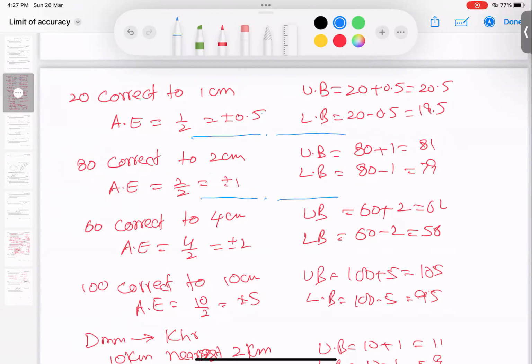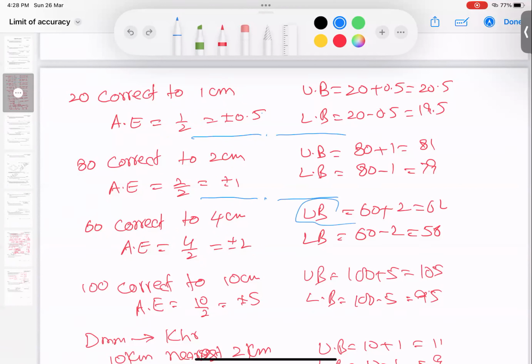Let's talk about the third example. He says 60 is the value, and we have to correct it to 4 centimeters. Then what we do, we divide this 4 by 2. First we divided 1 centimeter by 2, then 2 centimeters by 2, now 4 centimeters by 2. After dividing, I get plus and minus 2. This 2 I will add once to 60 and subtract once from 60.